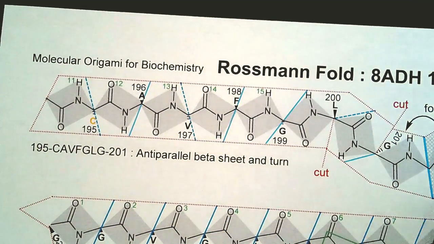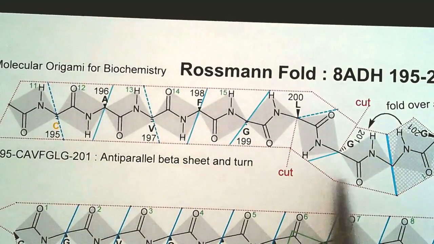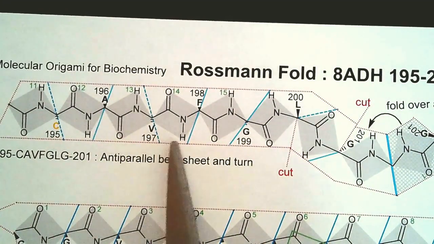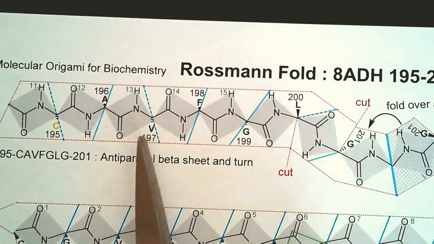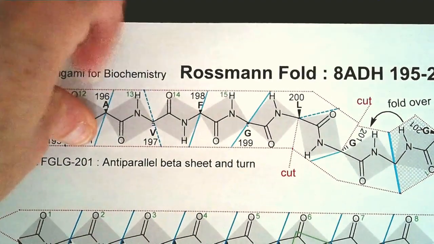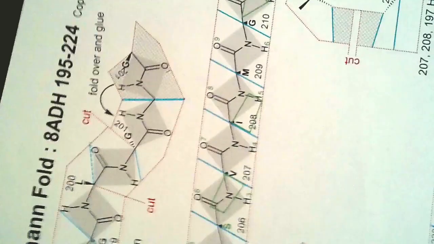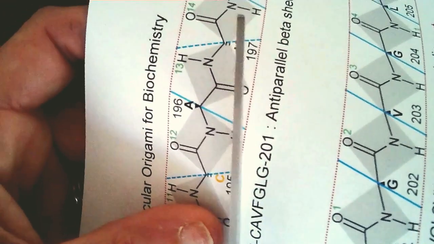So let's go ahead and get started by cutting out this first strip of amino acids. There's red dotted lines right here that indicate where to cut. So everywhere you see a red dotted line, you will cut. I'm just going to start over here, and we'll cut on the red dotted line.